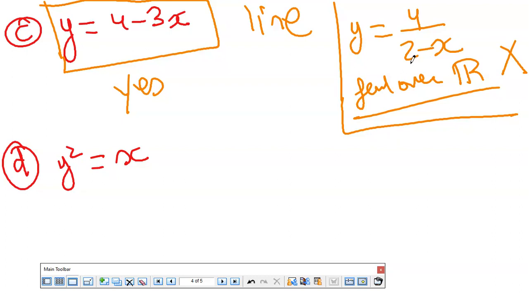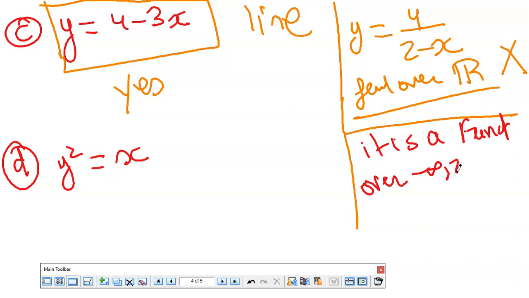But I can say that it's a function over minus infinity to 2 union 2 to plus infinity. It's not a function over R because for x equal to 2, this one doesn't have any image.